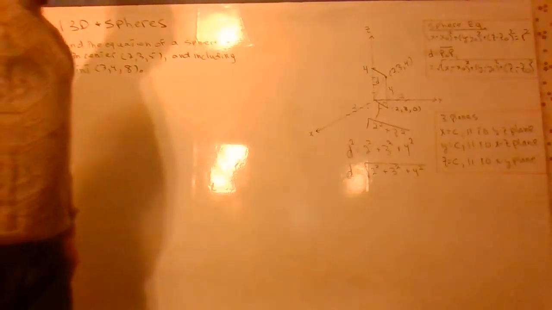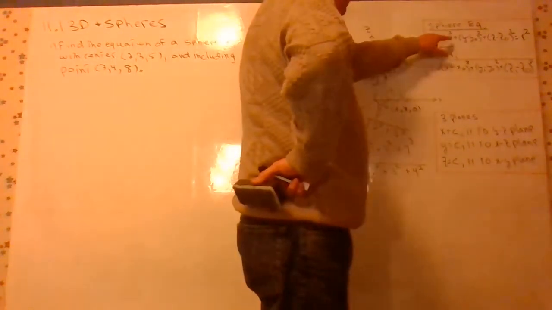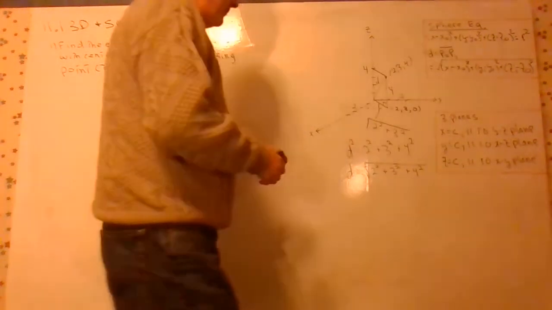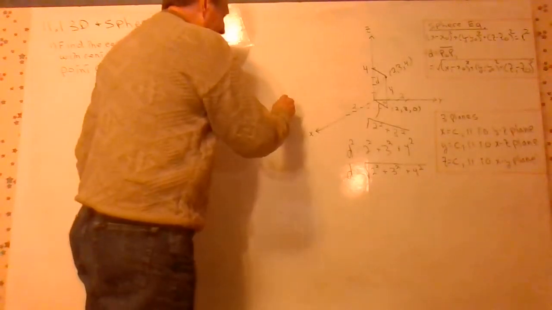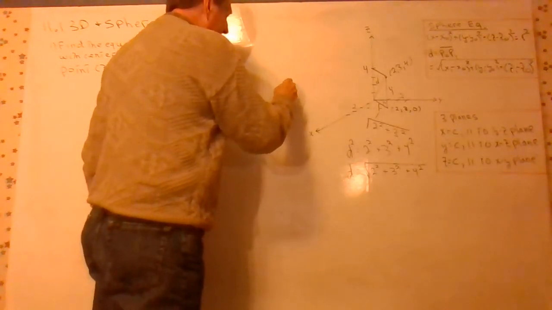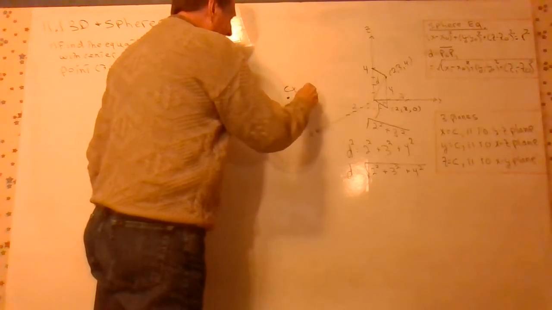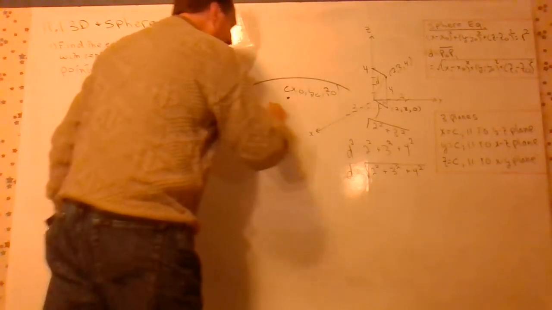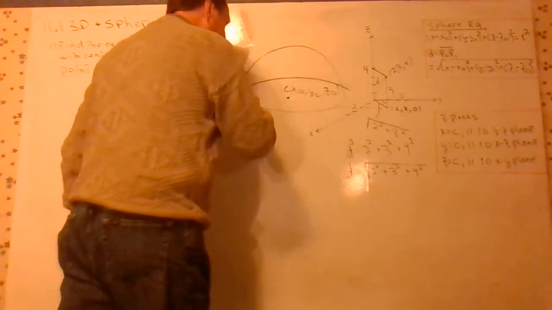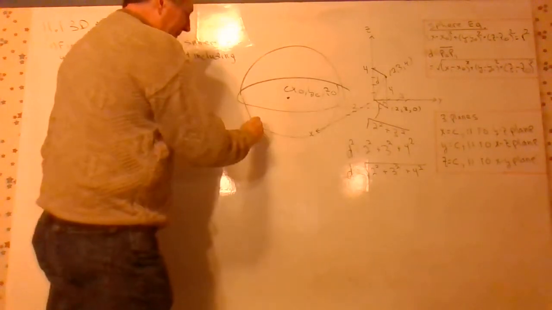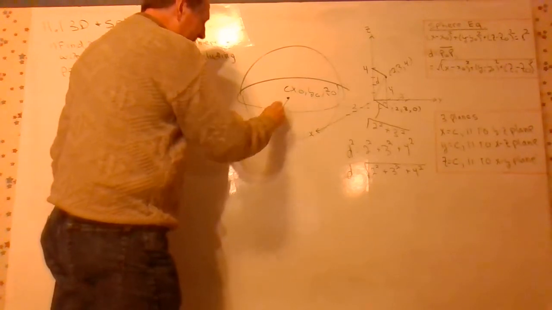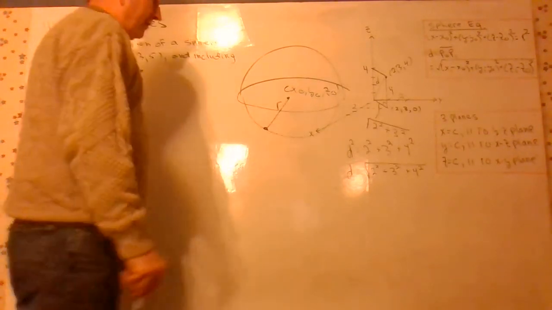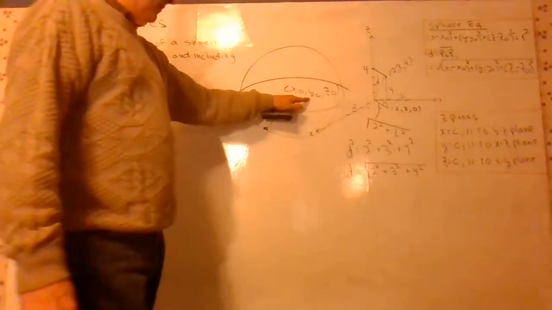We can generate a sphere equation up here. It's not too difficult. We just take the center x0, y0, z0, and you can draw a sphere. A sphere is merely the sum of all points distance r from some common center.